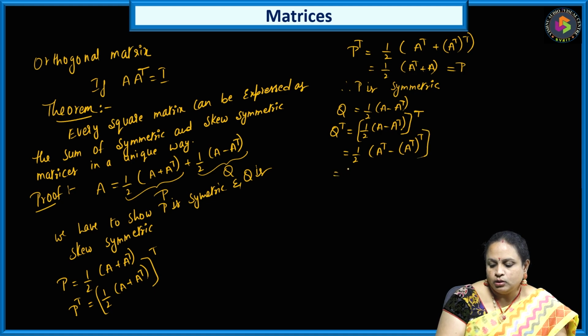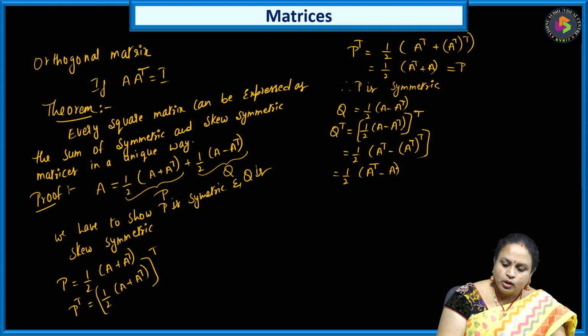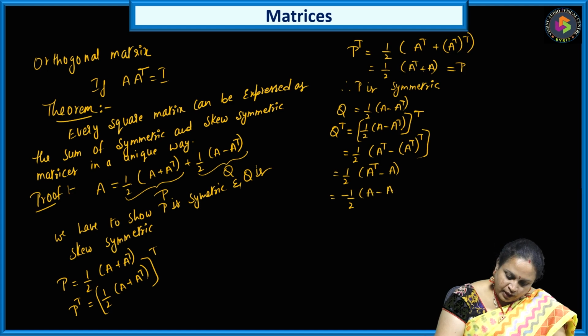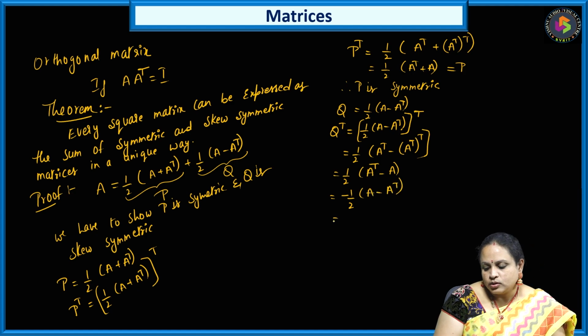This is again equal to 1 by 2 into A transpose minus A. If you take minus common, minus 1 by 2 into A minus A transpose, that is nothing but minus Q. Therefore, Q transpose is equal to minus Q. Therefore, Q is skew symmetric.